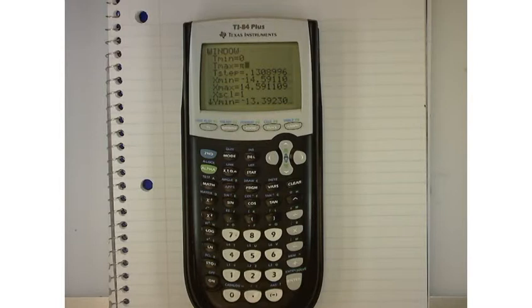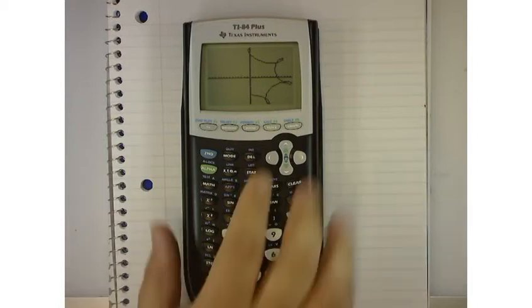If I'm going from 0 to pi, and when I hit graph, it only goes halfway. Do you see that? So what do you think our interval for t should be? 2 pi. That's what it was. I just wanted to show you that I had the right answer entered in correctly.